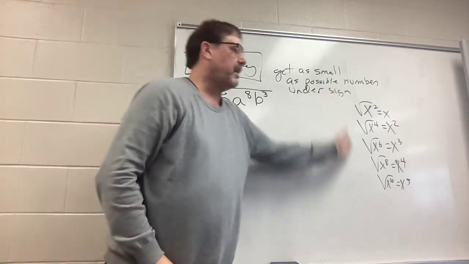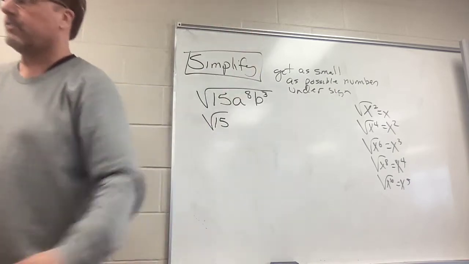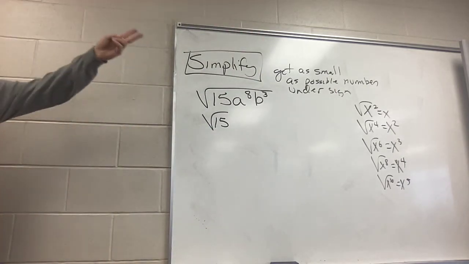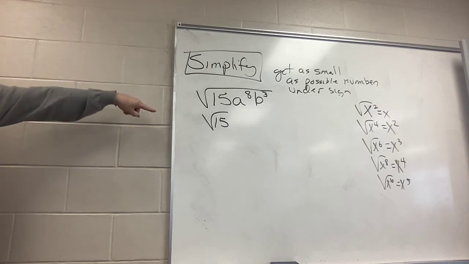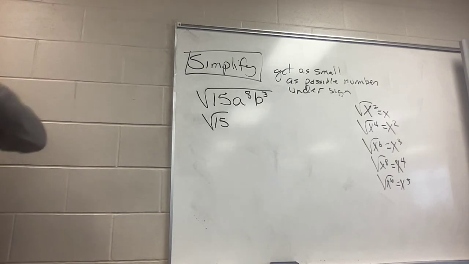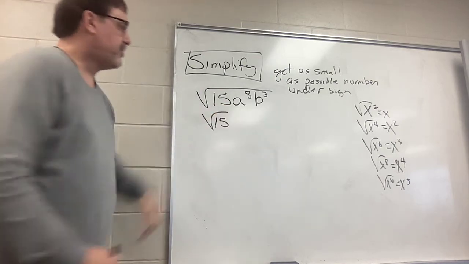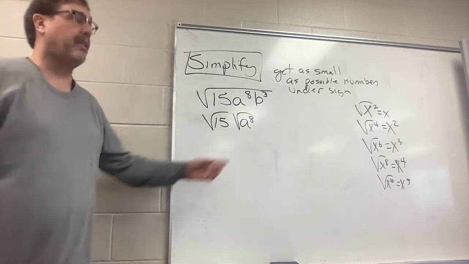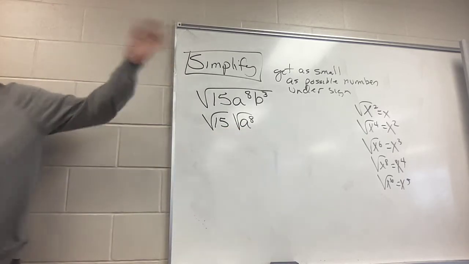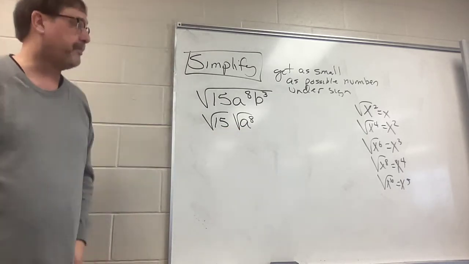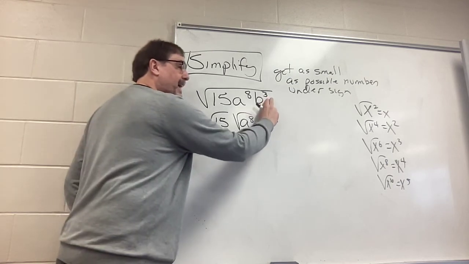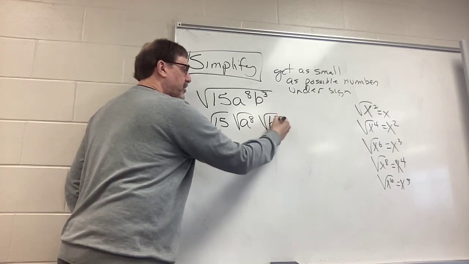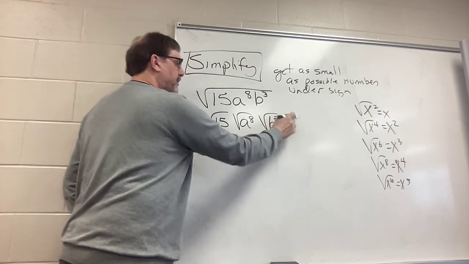By the way, does 4 go into 15, does 9 go into 15? Nope, square root of 15 is going to keep its hat on the whole problem. I'm going to put the square root of a to the 8th. In just a minute, that's going to become a to the fourth with no hat on it. All right, if you've got an odd number, you make it one less. So you make it b to the 2 and b to the 1.